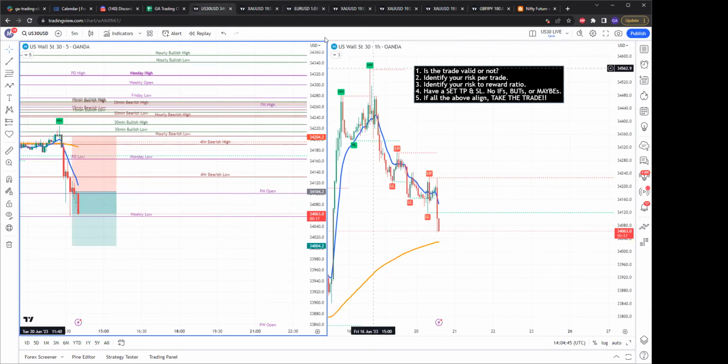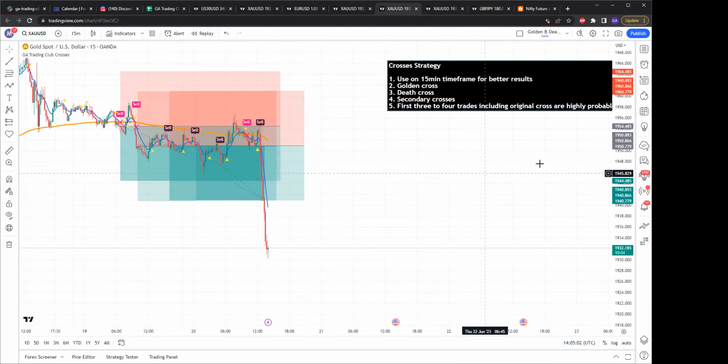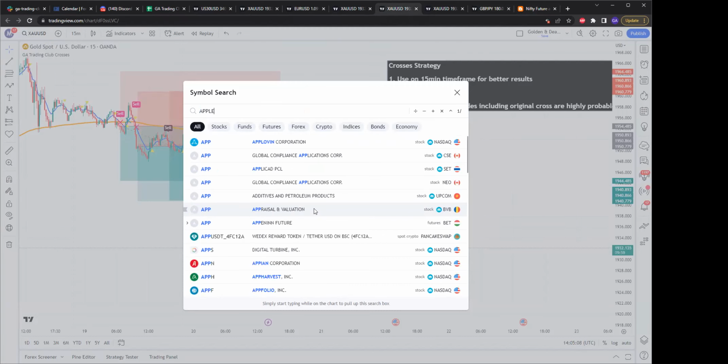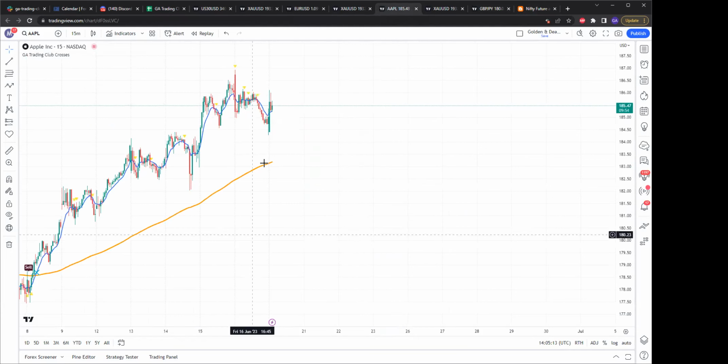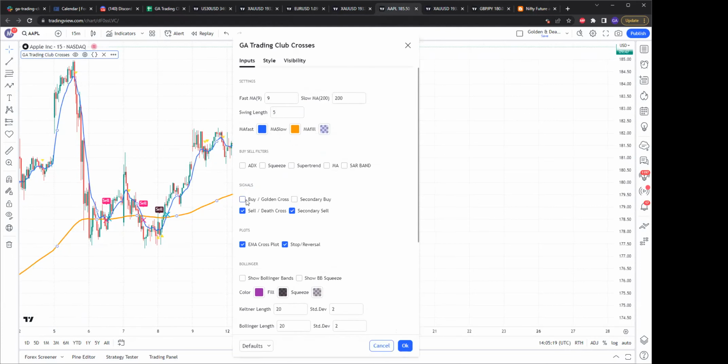What's the other? There's one more thing I wanted to go over. For those of you who do stock trading and options, I always forget to mention this. All these indicators we have, you can use them even to trade stocks. For example, here, this is just the crosses indicator. If I look up Apple, and there goes US30 dipping, I think I'd turned off the buys.